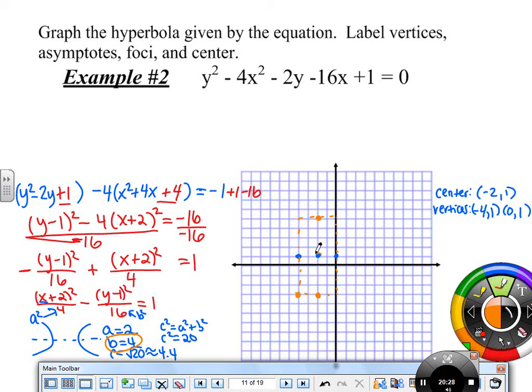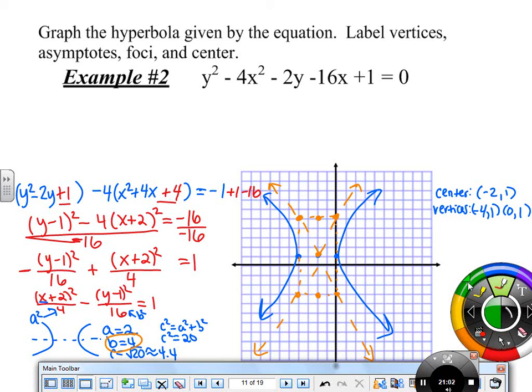So they go through corner, center, corner. And same thing on the other side. Corner, center, corner. Okay. And now I can see that if I draw a curve the correct direction and through the vertex points, I can follow the asymptotes to get an idea of the width of that curve.